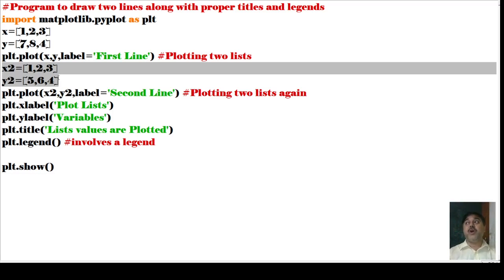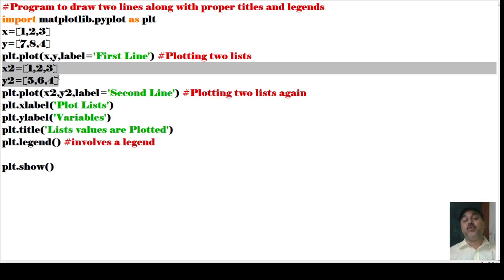Okay, x2 comma y2. Since we have given x2 comma y2, there is a label there, isn't it? So we are forming this particular label structure. Clear? What is the label name we are giving here? We have given this combined series the name second line.